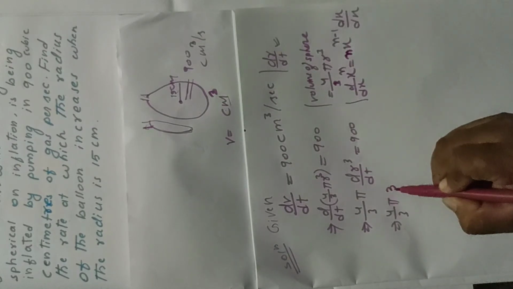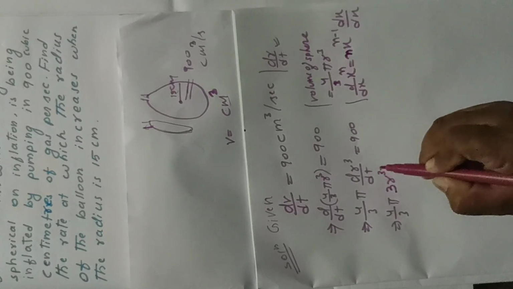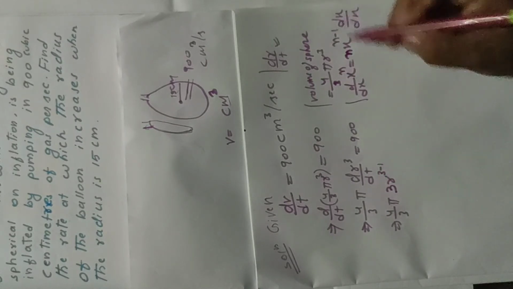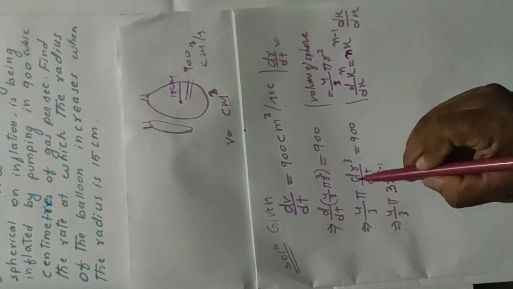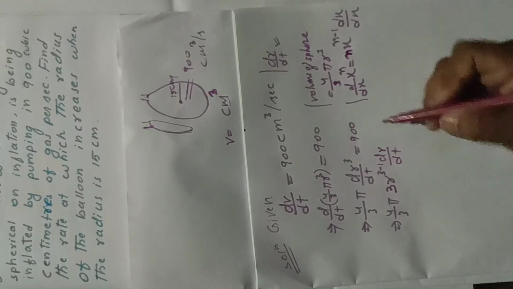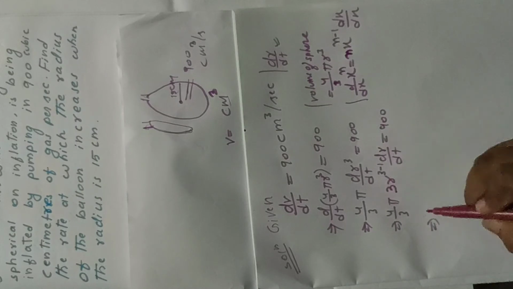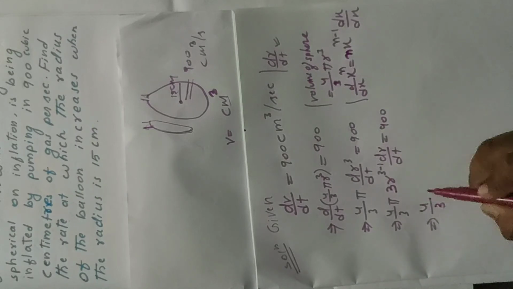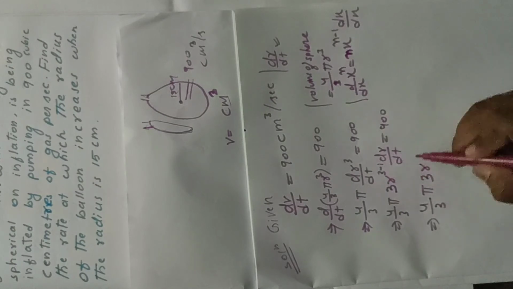It is 3 r to the power n minus 1. That means how much will it be? 3 minus 1. After that, what do we write? dx by dx. That means here dr by dt 900. So this will be 4 by 3 pi times 3 r to the power 3 minus 1, how much?